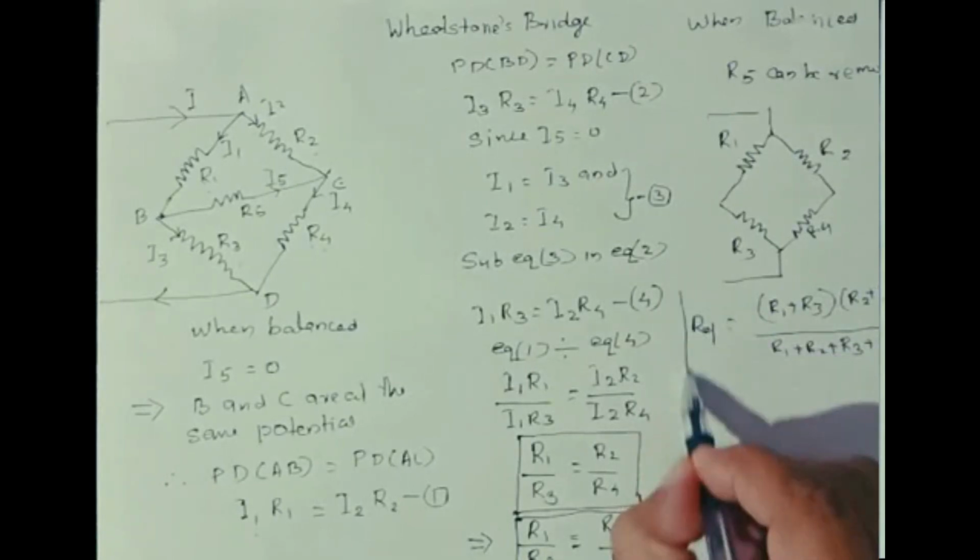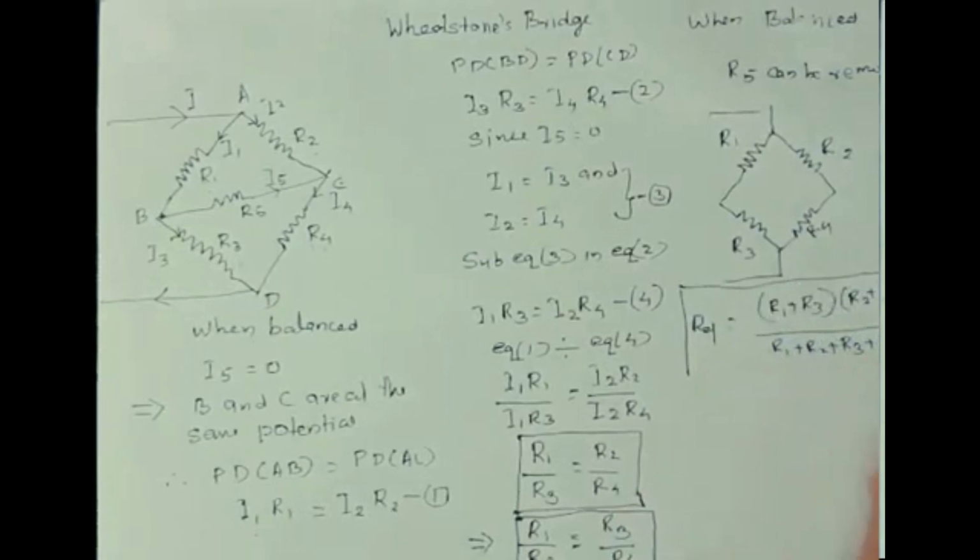So this is the effective resistance of a balanced Wheatstone bridge circuit.